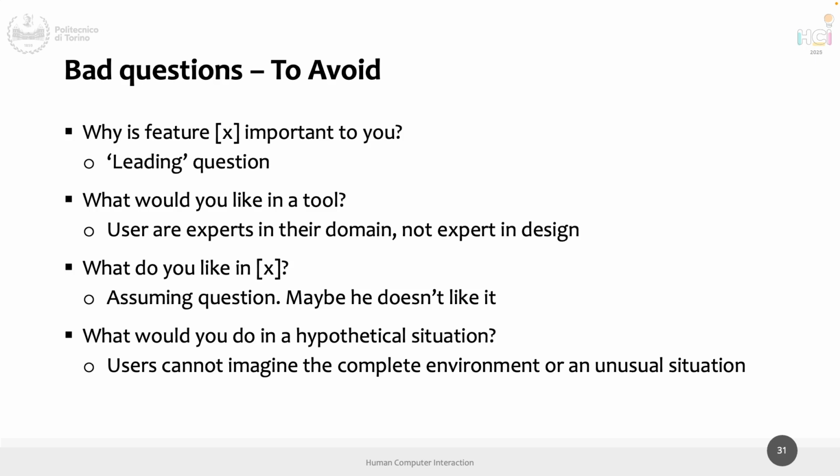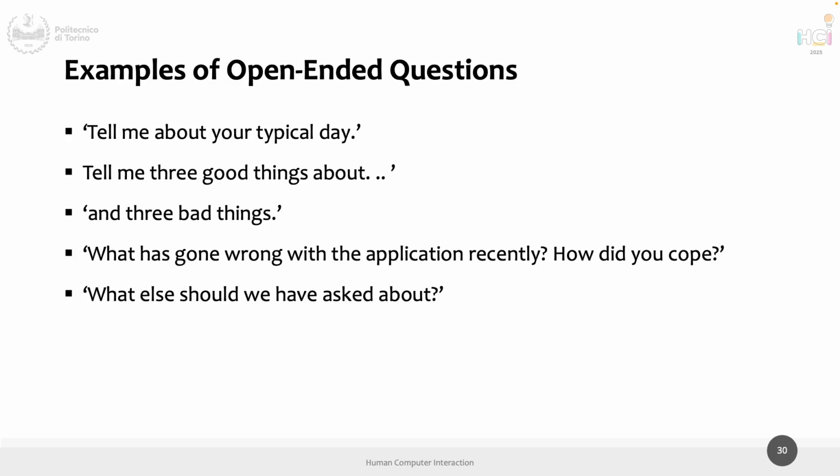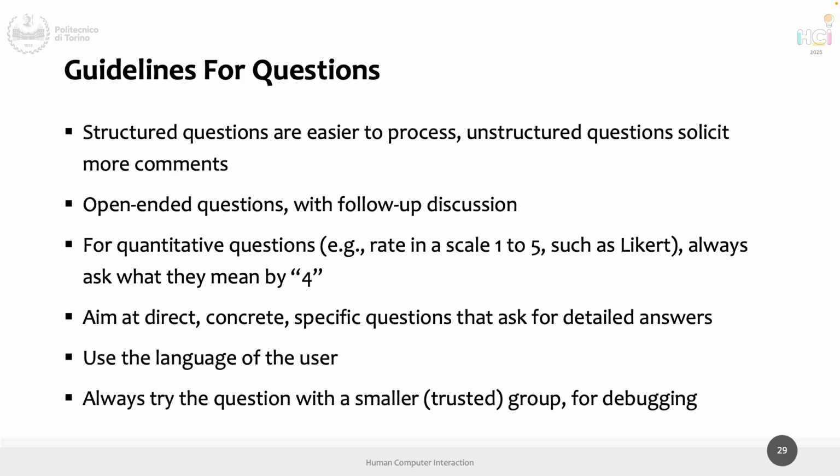Think about the possible answers you would like to hear, and build the questions on top of them. Avoid bad questions, use open-ended questions, use quantitative questions from 1 to 5, or look at the phone or the computer data or whatever artifacts they can provide you.